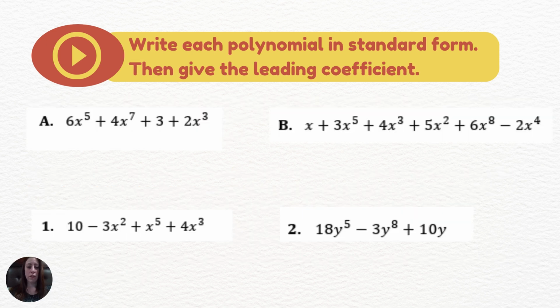I worked through the next examples of how to write each polynomial in standard form and also determine the lead coefficient. Example B seemed to confuse students the most. One student tried to add some of the terms together just to condense it and make it a little bit simpler, and another student just said that there were too many terms.